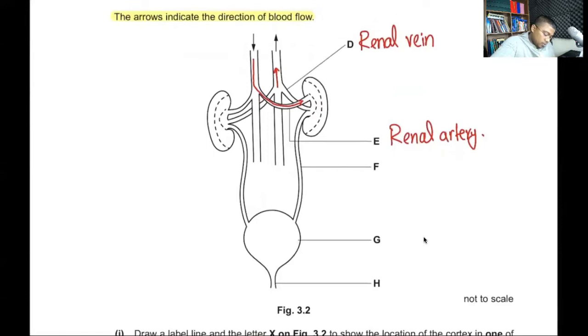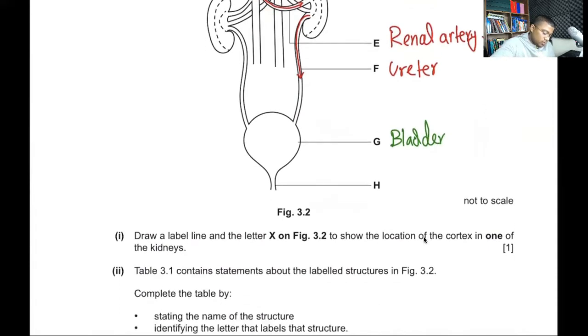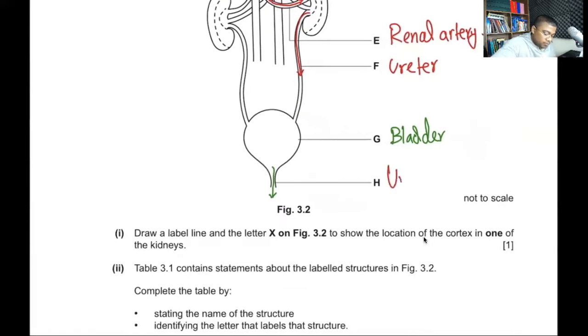F, looks like the urine comes out of this particular tube, so it is ureter. G, the urine is stored here, so this is the bladder. H, urine is going to pass out from here, so it's the urethra.